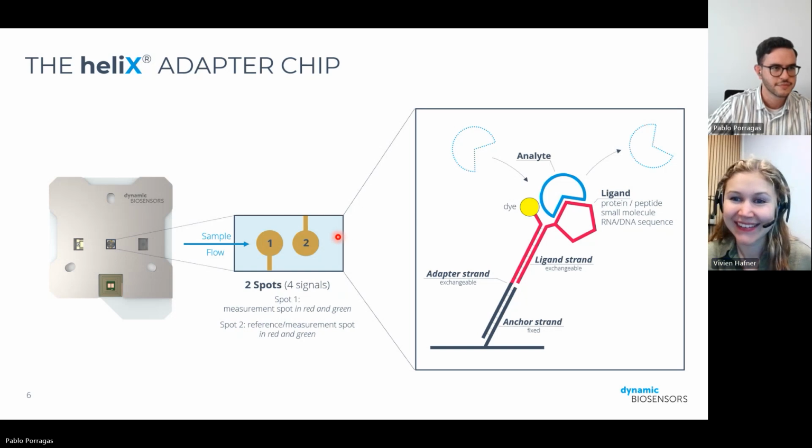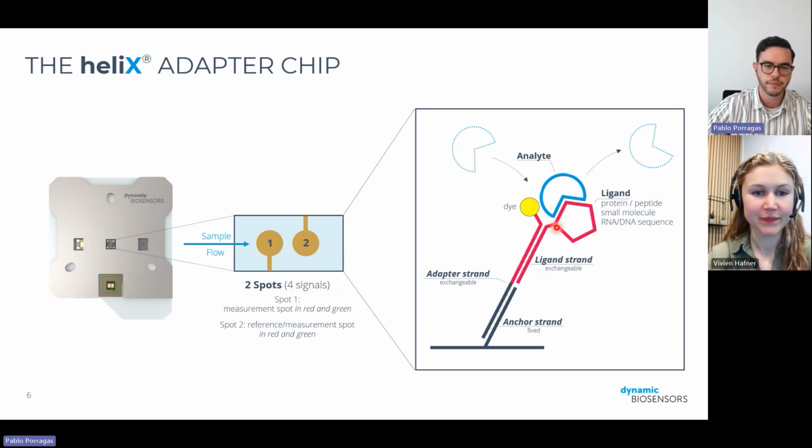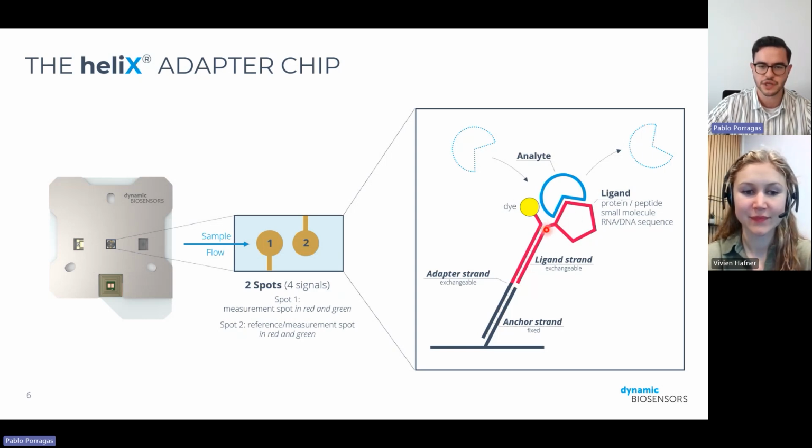And then I guess from a technical standpoint, how do you get your protein attached to your DNA strand? So we use a click chemistry reaction. We attach this ligand strand to a protein or peptide sequence using click chemistry. If we're going to use RNA and DNA sequences, we can of course synthesize those with the ligand strand extension here.